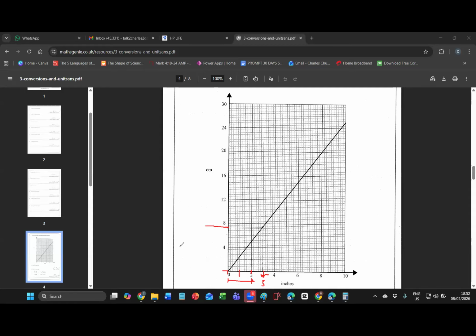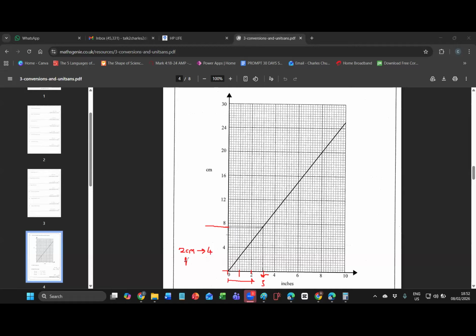You can confidently say that on the cm axis, you have 2 centimeters to 4 units, or 1 centimeter to 2 units.